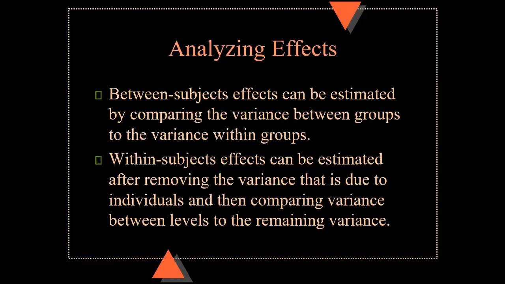Okay, so let me look back at this. So this was what we had for between subjects. We have the variation of our conditions from one another, and then we have the variation within conditions. Well, what is the variation within conditions?